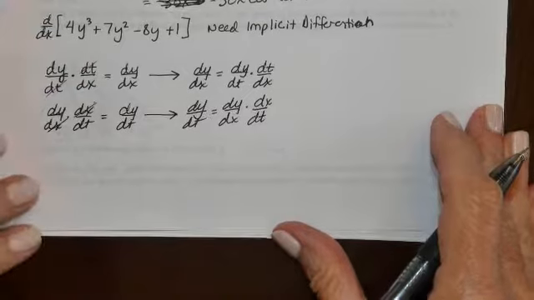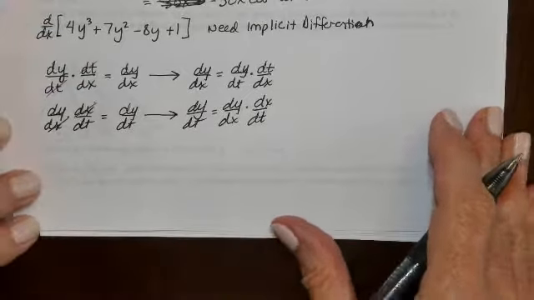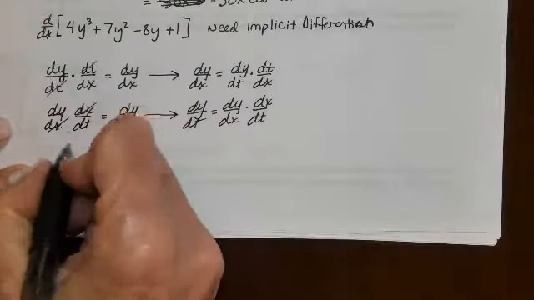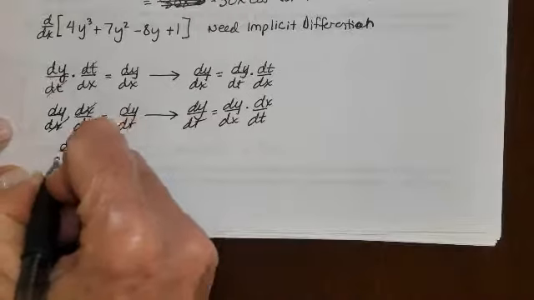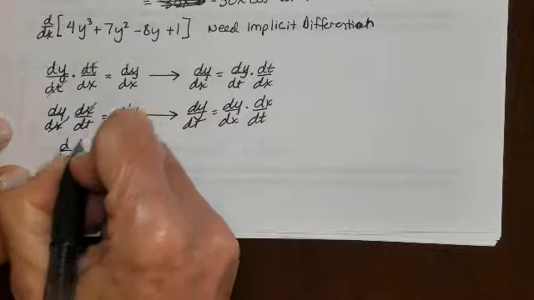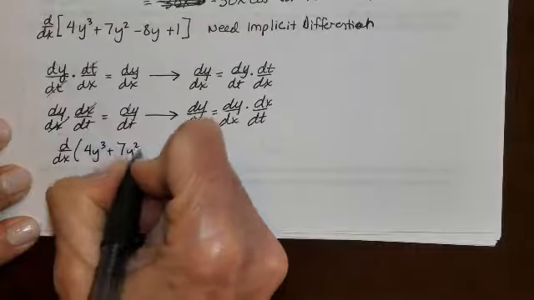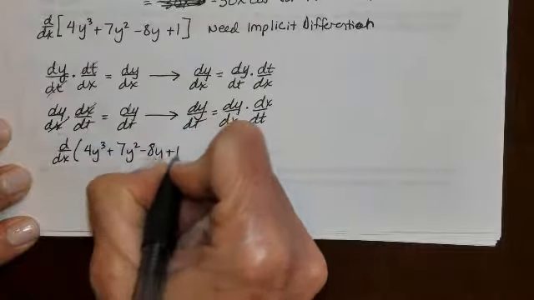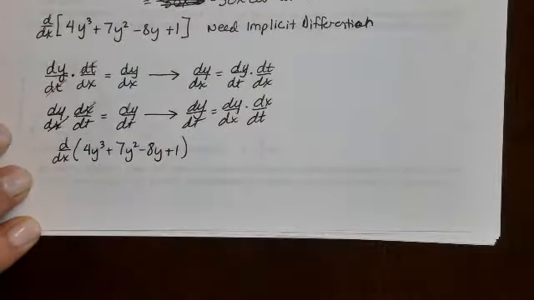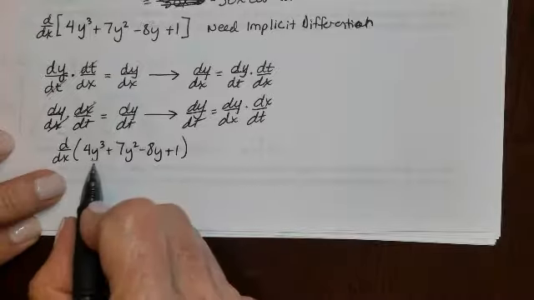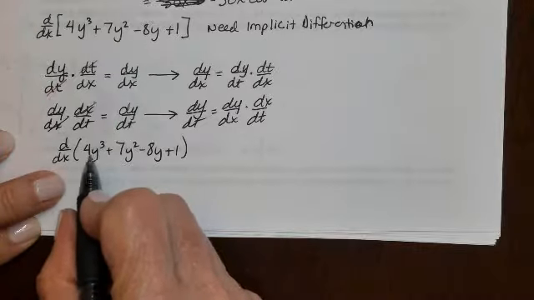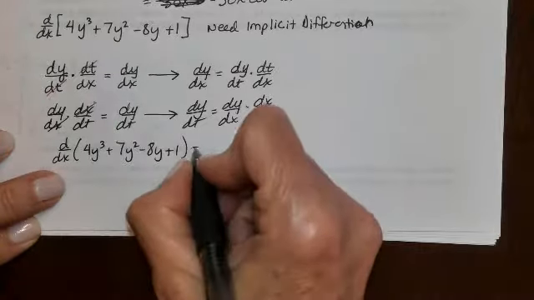You're thinking, what the heck, and what are we going to do with that? Well, let me show you. We are looking for the derivative with respect to x of 4y cubed plus 7y squared minus 8y plus 1. Well, I have y's instead of x's, so here's what I can do.